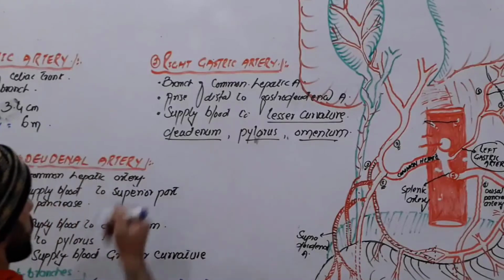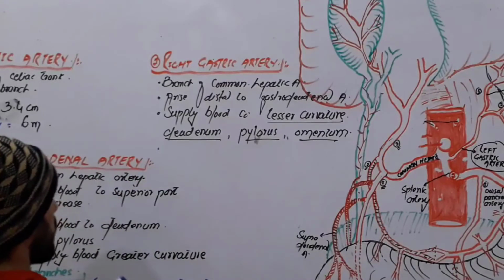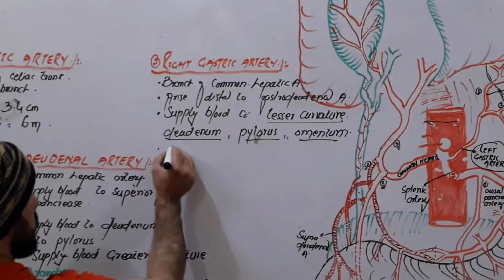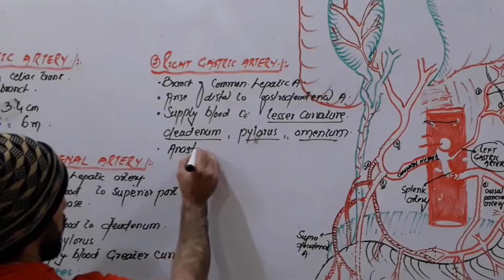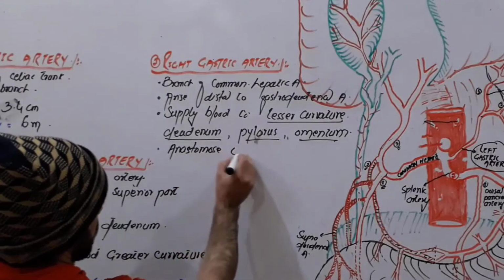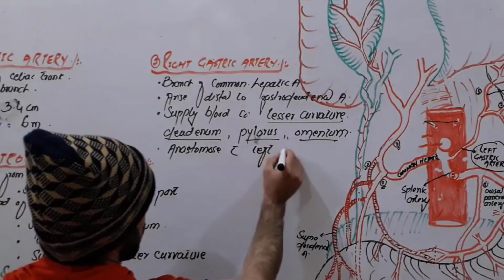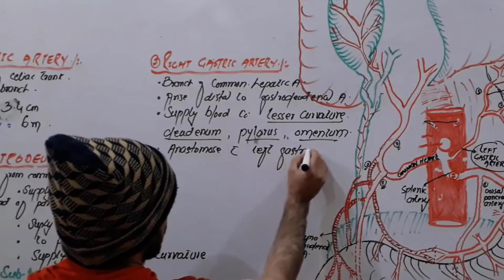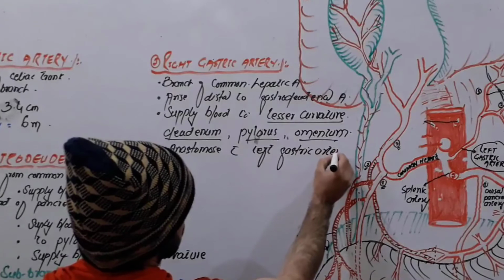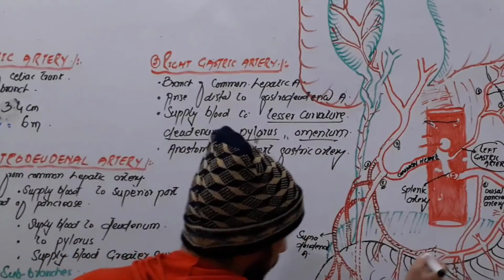And the last point regarding this artery is that it anastomoses with the left gastric artery. You can see here, this is the anastomosing point.